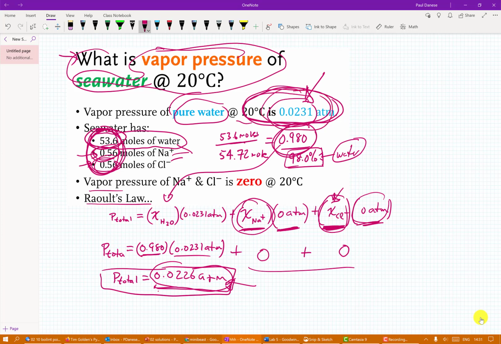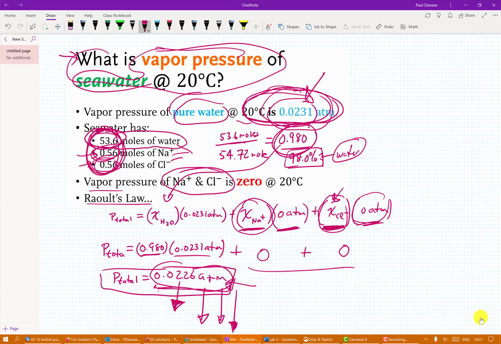But if you start dissolving stuff into the water that can't fly into the air, that is not volatile, like sodium chloride, it's going to make the vapor pressure of the liquid go down. So if I threw more salt into the water, the vapor pressure would go down more and more and more.